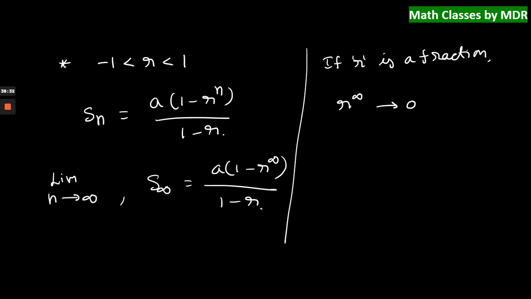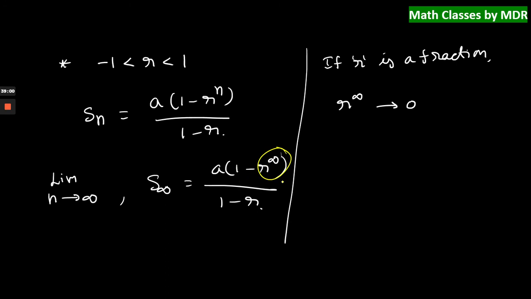When you multiply 1/2 by 1/2, you get a lesser value than 1/2. Multiply 1/4 by 1/2 and again you get a lesser value: 1/8, 1/16, 1/32, 1/64, 1/128. So the value keeps decreasing and becomes 0 at one point. So when n tends to infinity, r^n tends to 0.